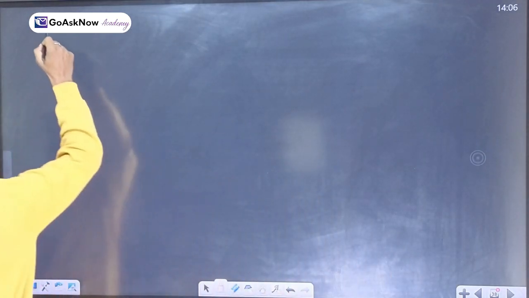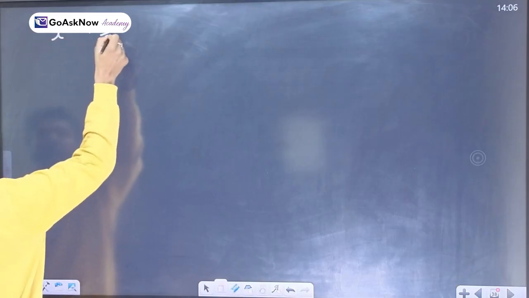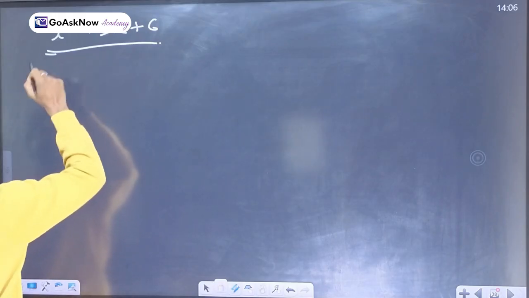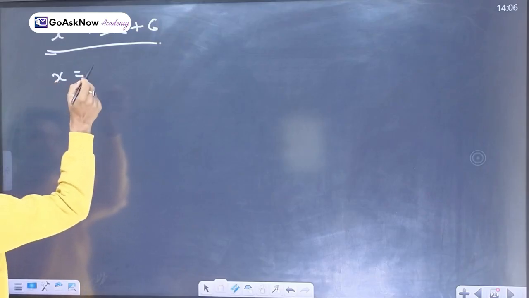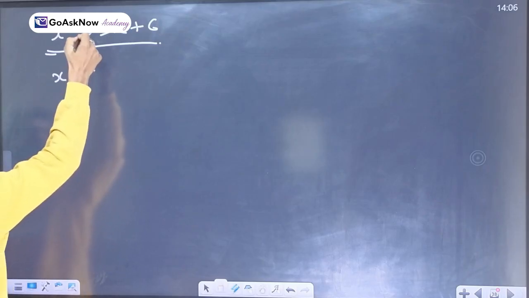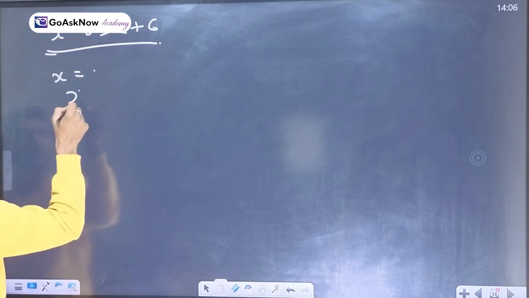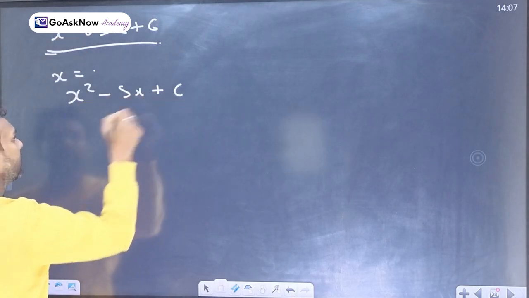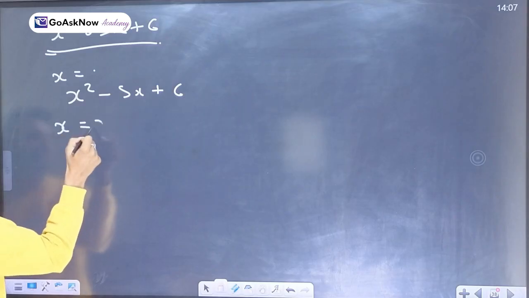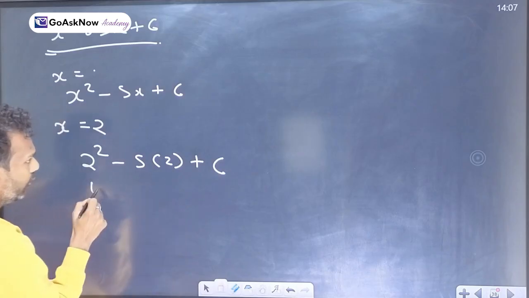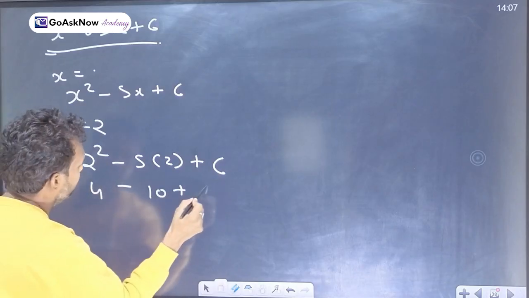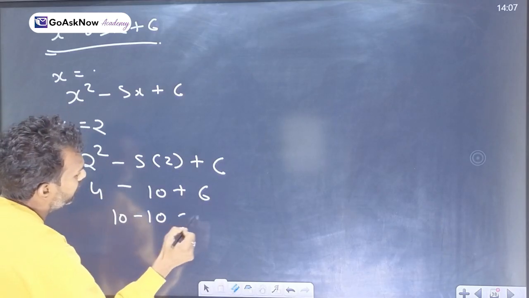An example of the same: x square minus 5x plus 6. If we put x equal to 2, then we get 2 square minus 5 into 2 plus 6, 4 minus 10 plus 6, 10 minus 10 equal to 0.